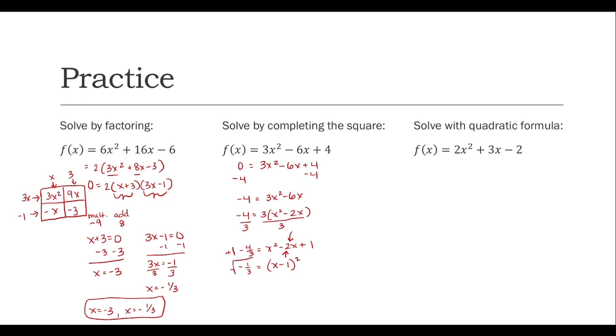Then we'll take the square root of both sides, and we get the square root of negative 1 third plus or minus that equals x minus 1. And if we add 1 to each side, we get 1 plus or minus the square root of negative 1 third equals x. So that is 1 plus or minus i times the square root of 1 third is our x value. So that's our solution. And this is two imaginary solutions.